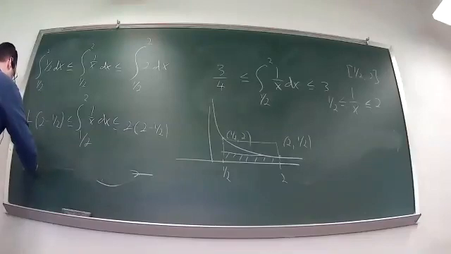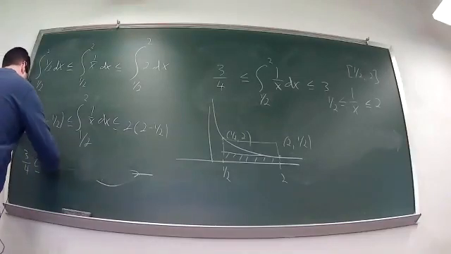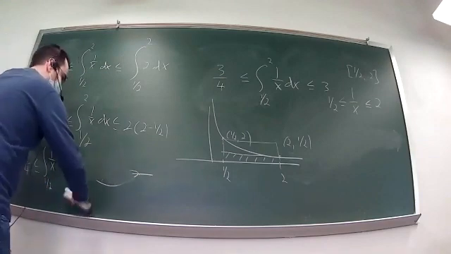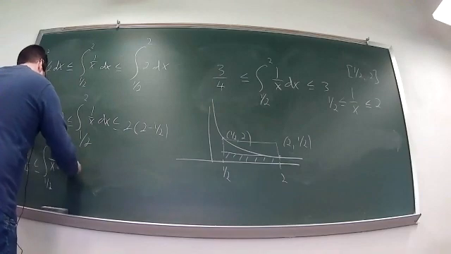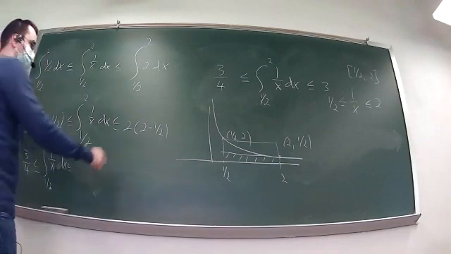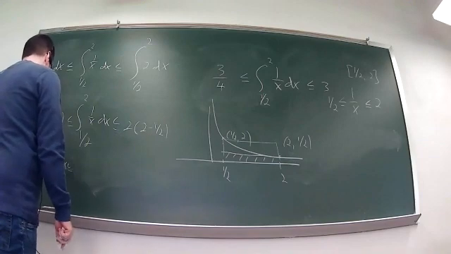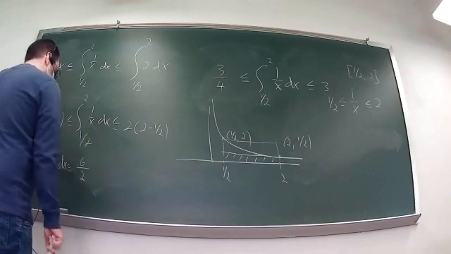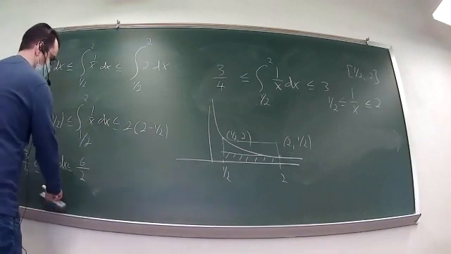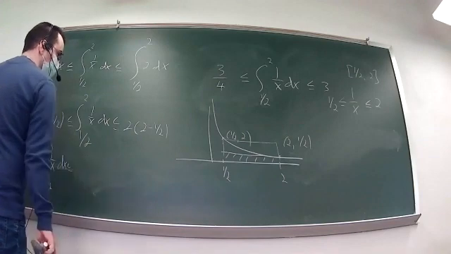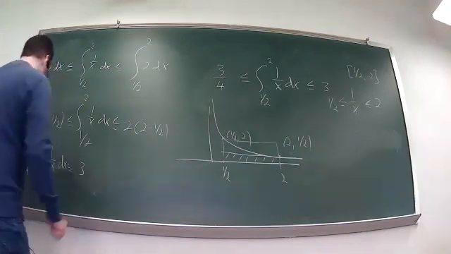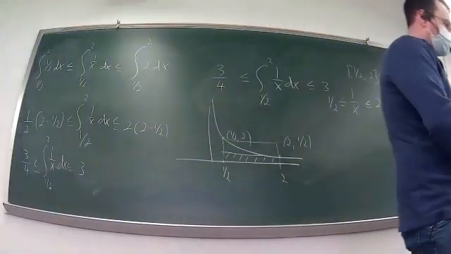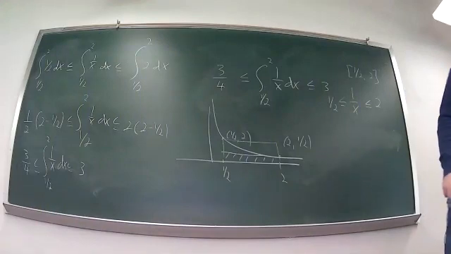So this is 3/4 is less than or equal to the integral of 1 over x dx, which is less than or equal to 2 times 3/2, which is 6/2, which is 3. And so we get that conclusion, and that's what we were asked to do, right?